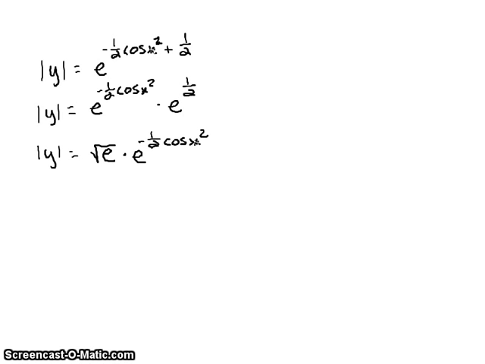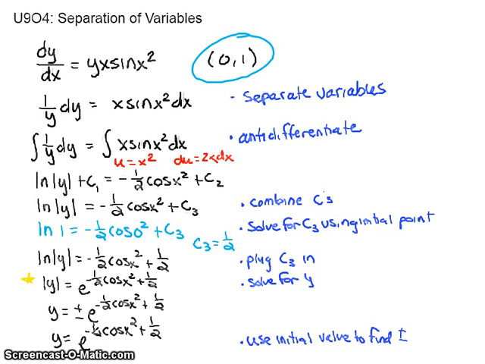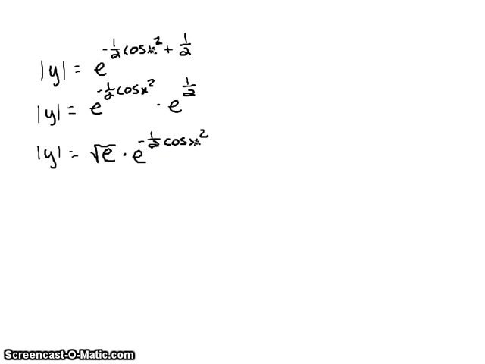So if we go back to this slide, if we don't know what C3 was, so if we go back to right here, and we don't have an initial value to solve for C3, what that can turn into, looking over back on this side, instead of having natural log of the absolute value of y equals e to the negative 1/2.